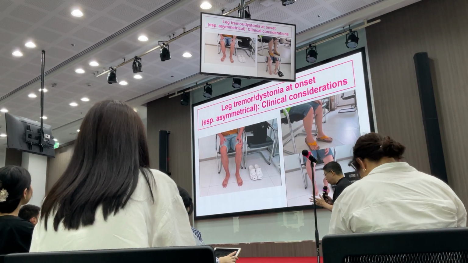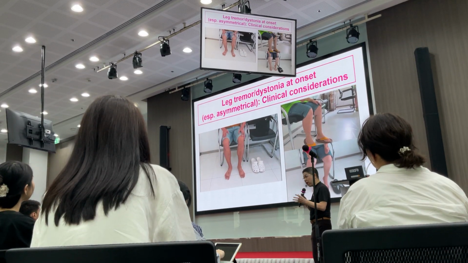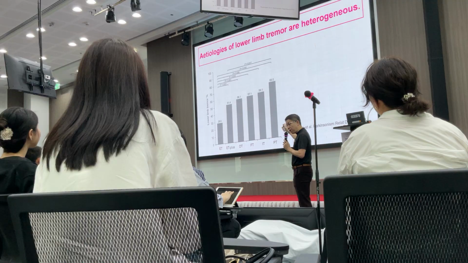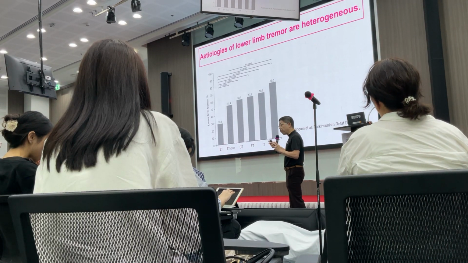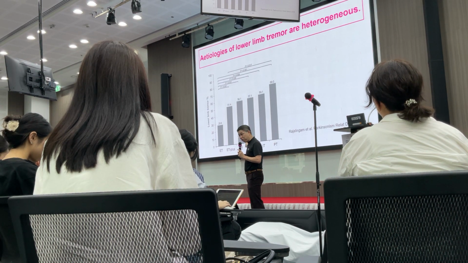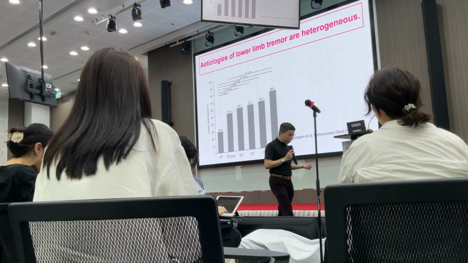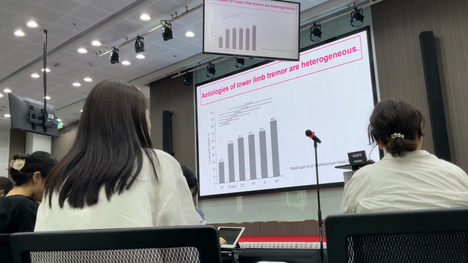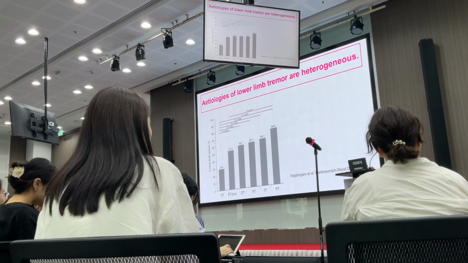For patients with leg tremor, there are different causes, they are heterogeneous, but Parkinsonian tremor is the most common among those disorders that present with leg tremor. So if you see the onset of leg tremor, particularly when it is asymmetric, you need to think about Parkinson's disease as the highest possibility.